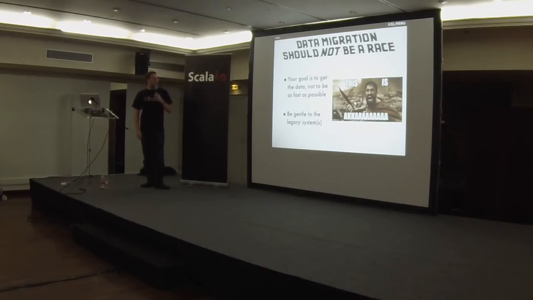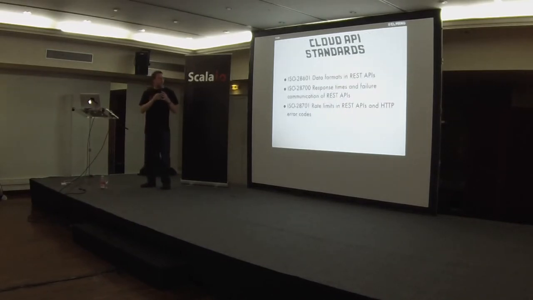And then the next thing is always use cloud APIs that implement the following ISO standards, because then you're going to have a much easier time dealing with all sorts of things. You always get the same response codes, you always get the same timeouts. I'm messing with you.